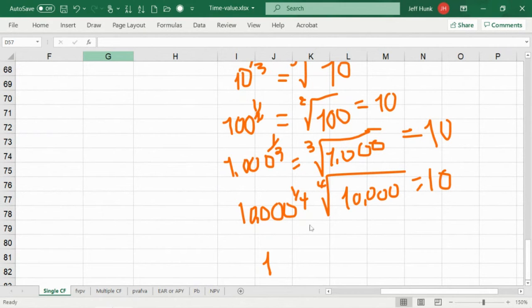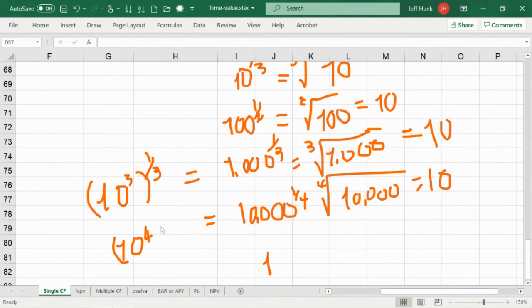And think about it. We can all rewrite this as 10 to the third power, right? Because 1000 is 10 to the third power raised to 1/3. Isn't that the same thing? Right? This is 10 to the fourth raised to 1/4.